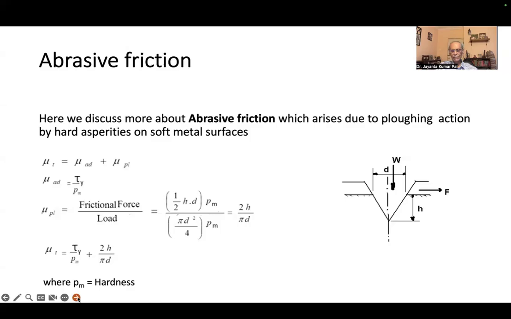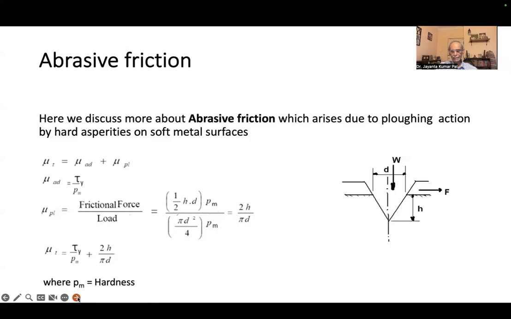The projected area of this cone would be a triangle of height h and base d, small d. So the projected area is half h d multiplied by pm, pm being the hardness, and the vertical or normal load is pi d squared by 4 times pm. Pm is again the hardness of the plastic yielding.